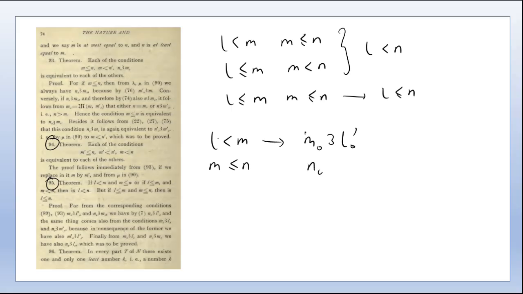Yep. Okay, so N naught is a part of M naught. Putting these two together using transitivity theorem 7, we get that N naught is a part of L naught primed.